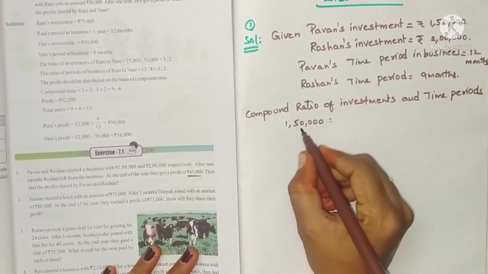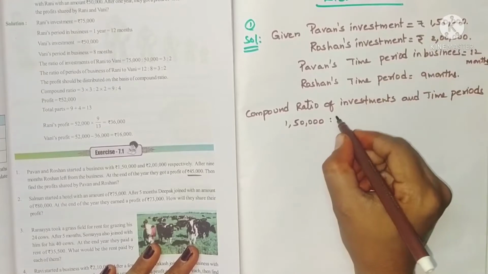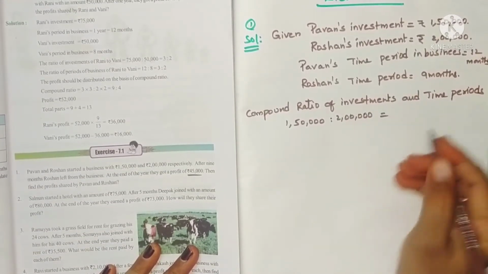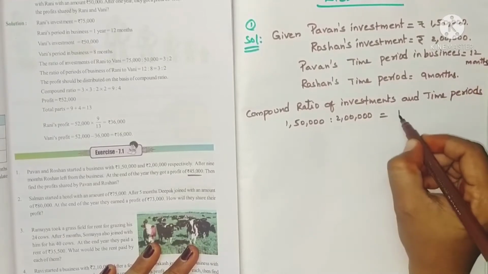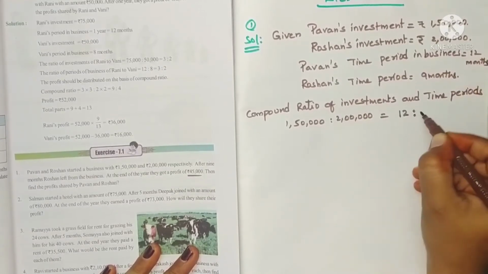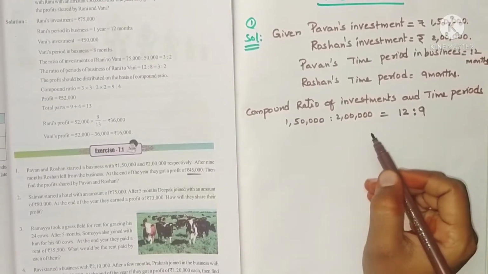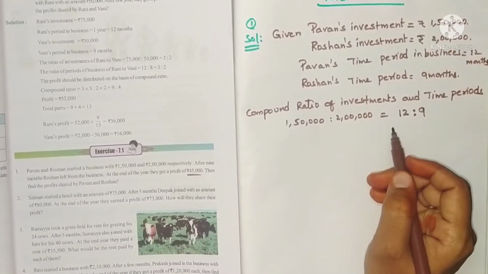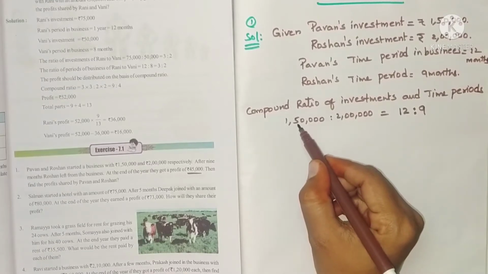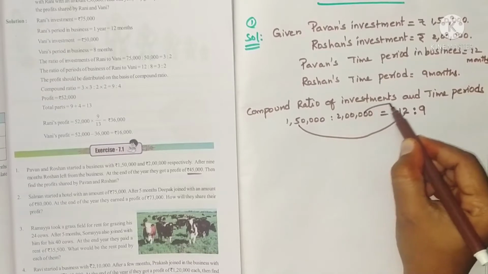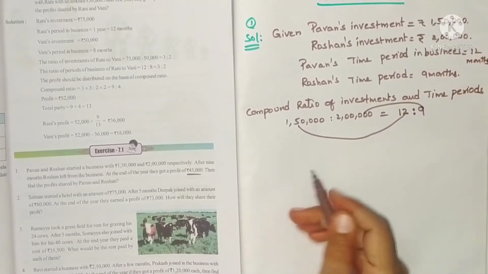First the ratio of investments, this is equal to this, Pawan 12 months and Roshan 9 months. Now compound ratio means product of first terms and product of second terms.